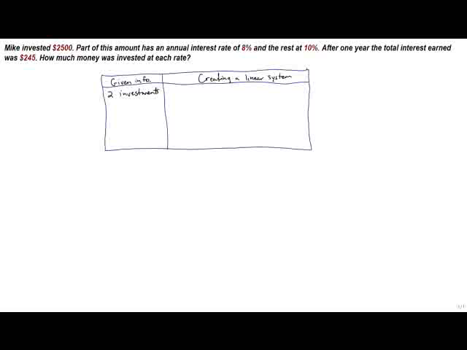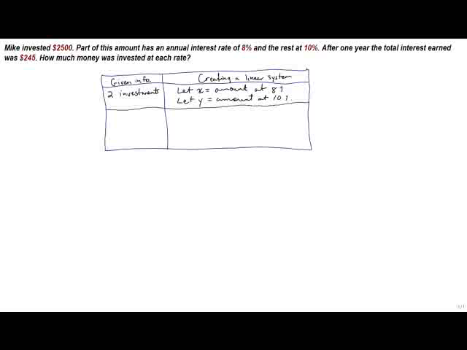So the first investment, we're going to say let X equal the amount invested at 8%. And his other investment will say let Y equal the amount at 10%. So there we have his two investments represented by two variables, X and Y.